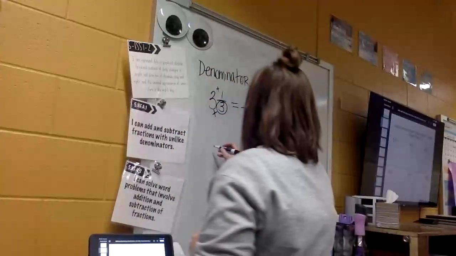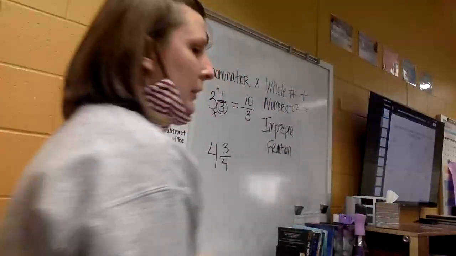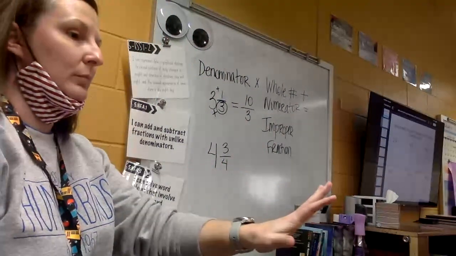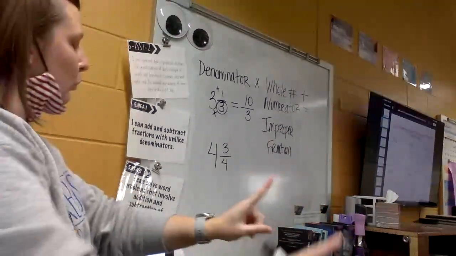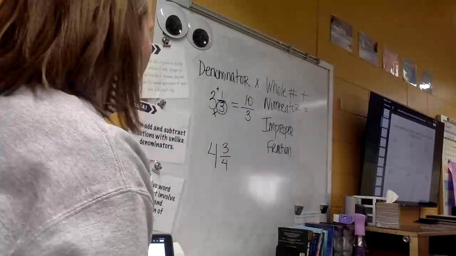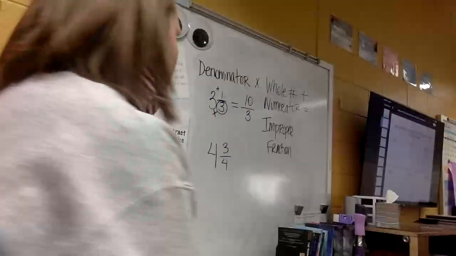Okay, so let's look at the next one. We have 4 3/4. How do you go the other way, right? We'll get there. Okay, so 4 3/4, where do I start?